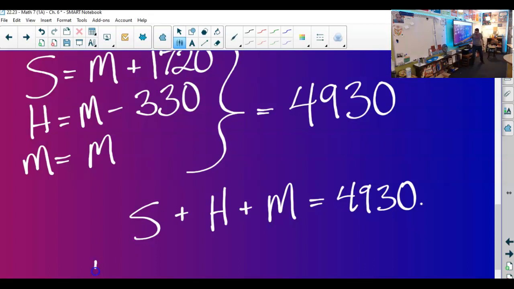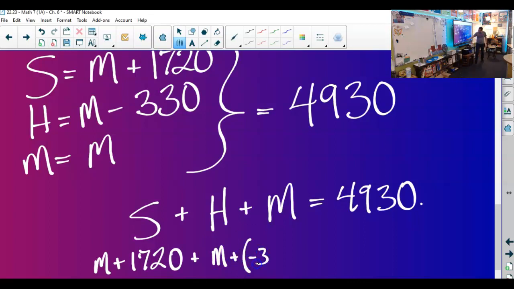So we're going to replace S with M plus 1720. What about H? Margot? M minus 330. And instead of minus, what could I use instead? Plus a negative. Yeah, we're going to then be able to add. And don't forget the plus M for Lake Michigan itself.